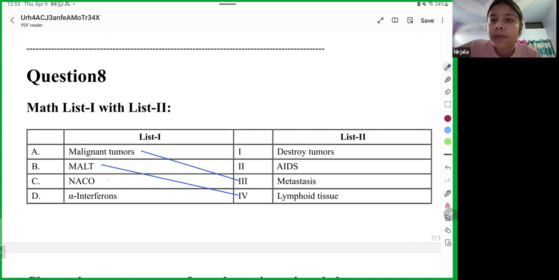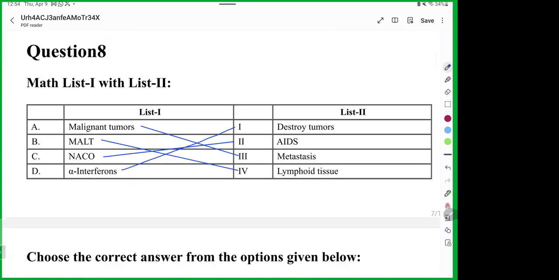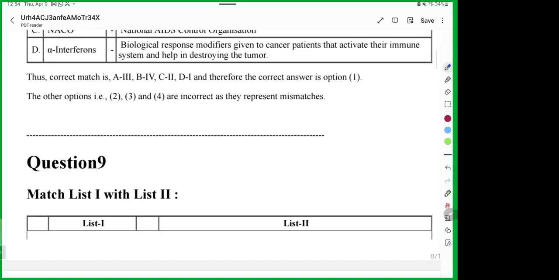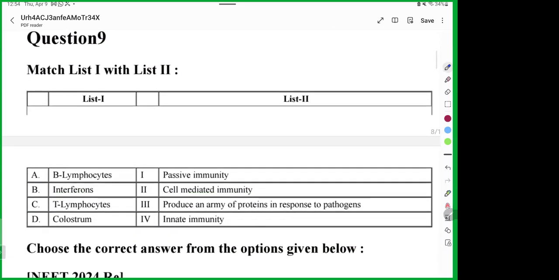It doesn't destroy, not tumors, and AIDS, alpha interferons destroy tumors. Then next. Nikki: B lymphocyte, interferon. What? Colostrum passive immunity, anti lymphocyte cell mediated immunity.